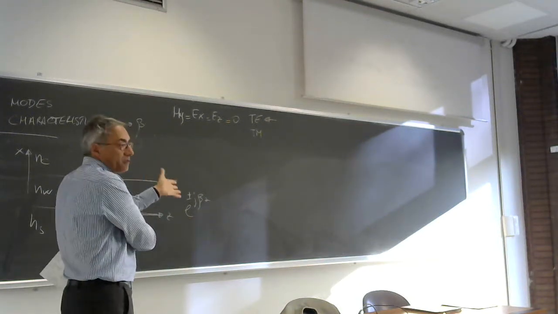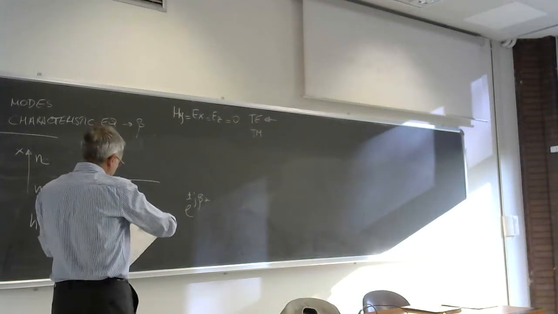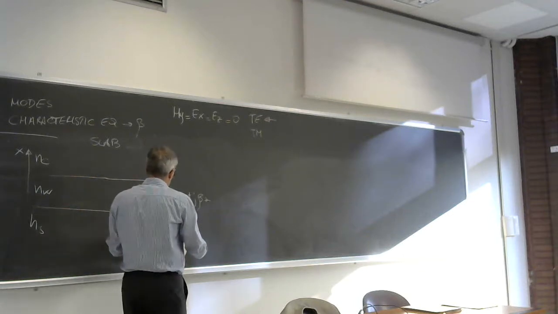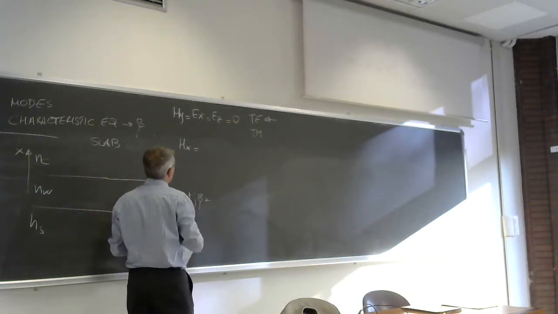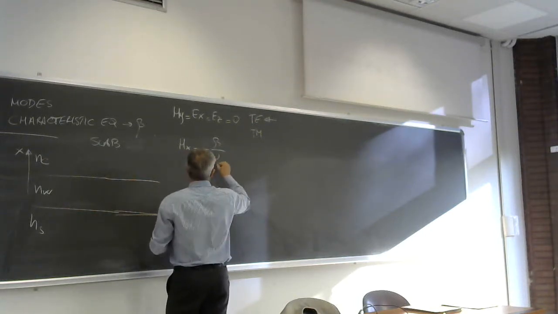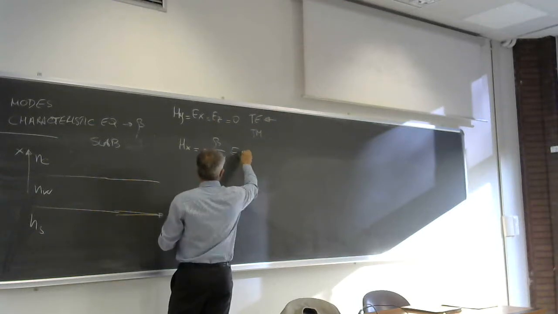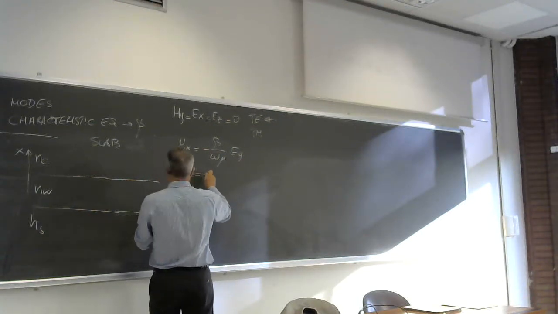The TM is very similar. You have to change the electrical magnetic field. So the other Maxwell equation gives you a relation between the X component of the magnetic field and some other component of the electric field.